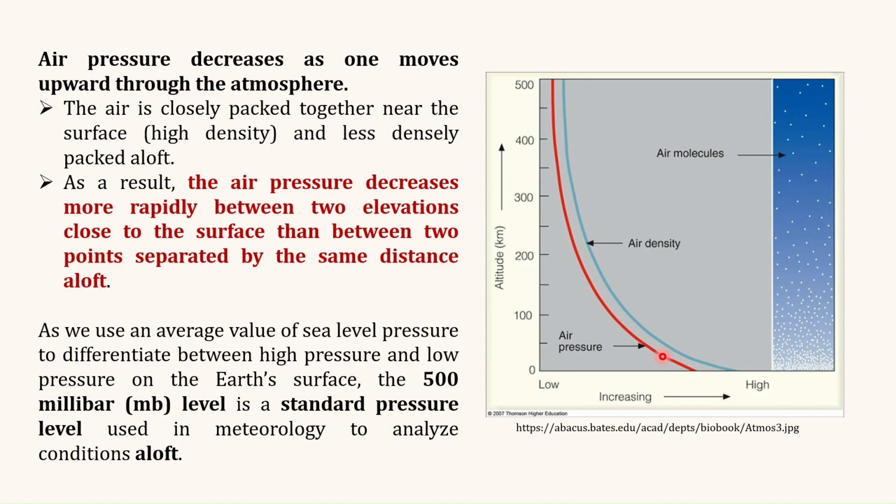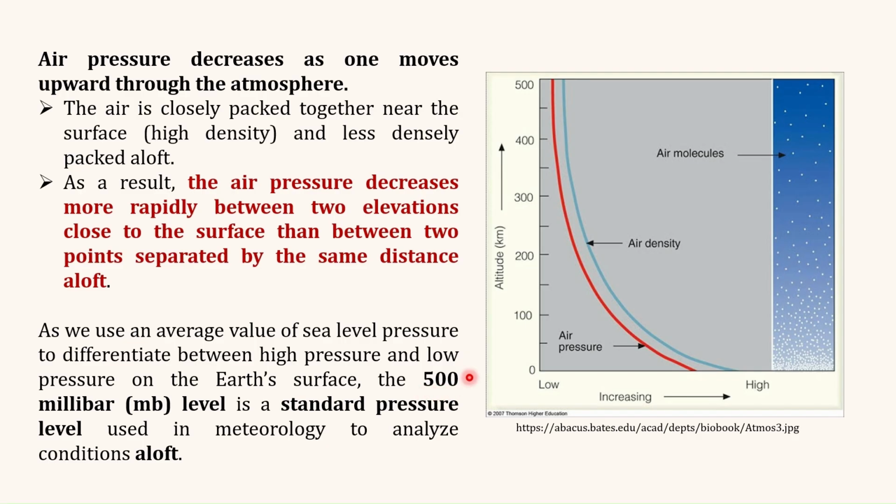And as we use an average value of sea level pressure to differentiate between high pressure and low pressure on the Earth's surface, to analyze the conditions aloft, that is, up in the atmosphere, the 500 millibar level is used as the standard pressure level in the meteorology.